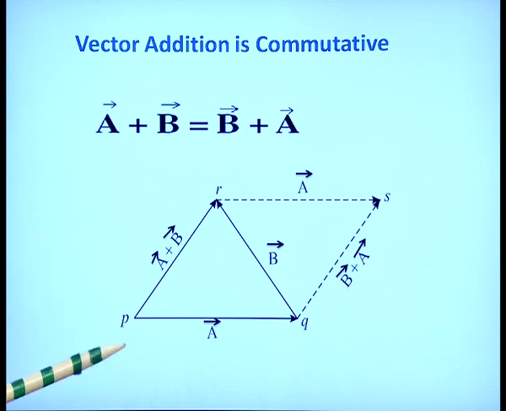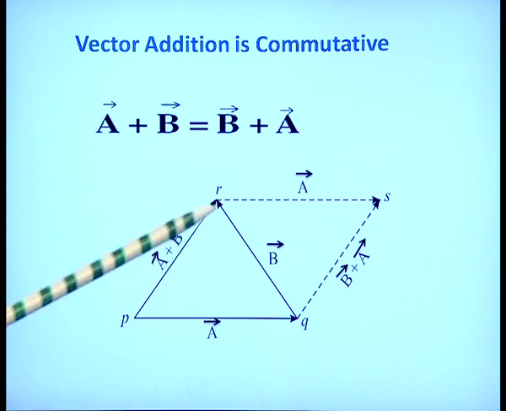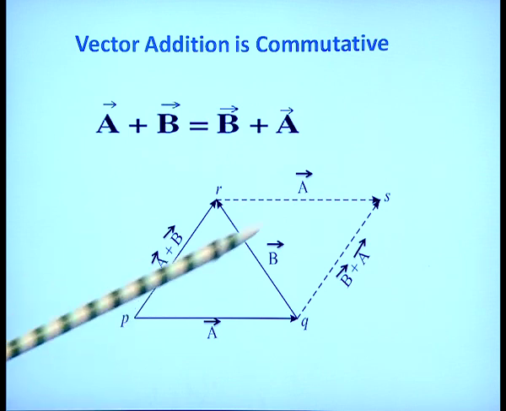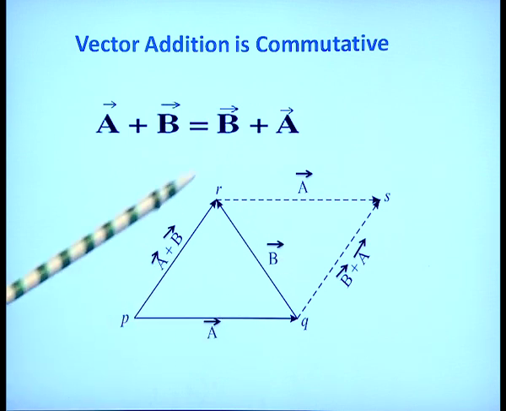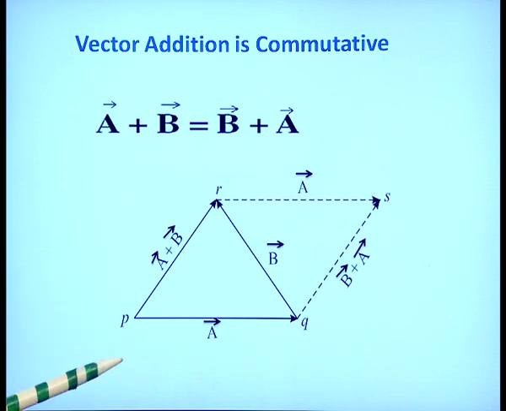So, the third side, that is QS, taken in opposite order, represents B plus A. So, now A plus B and B plus A, that is PR and QS, are the same in length and the same in direction also. That means A plus B equals B plus A.